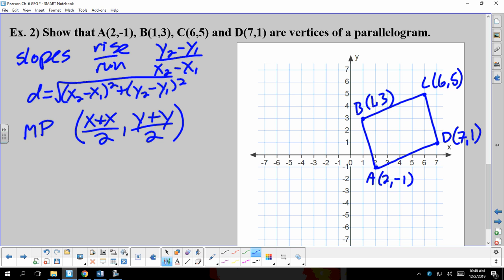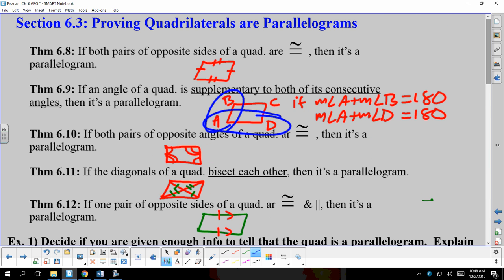So let's go ahead and take a look at our list above. Let's scroll all the way back to the top. So first, does anyone remember the very simple definition of a parallelogram? Quadrilateral, so it has 4 sides, and then what about the 4 sides makes it a parallelogram? Opposite sides are parallel, right?